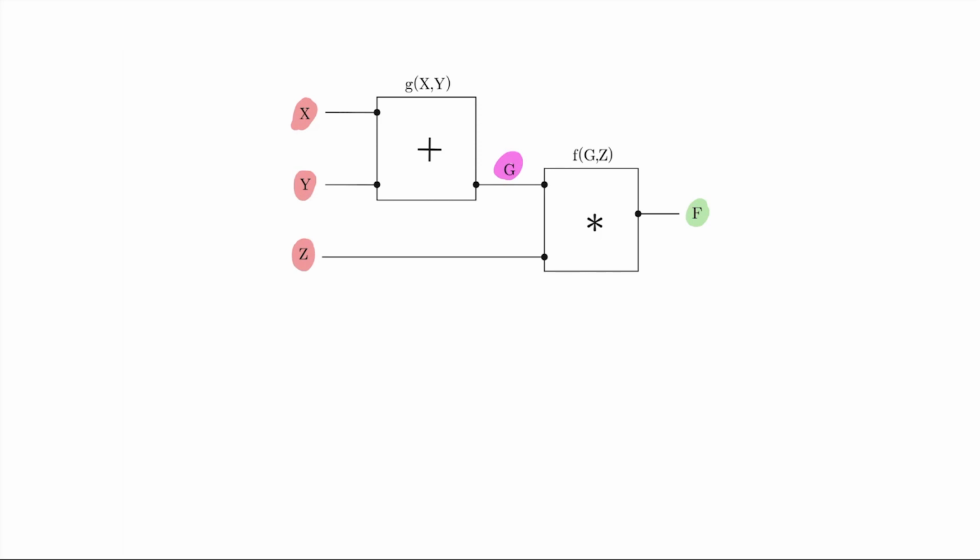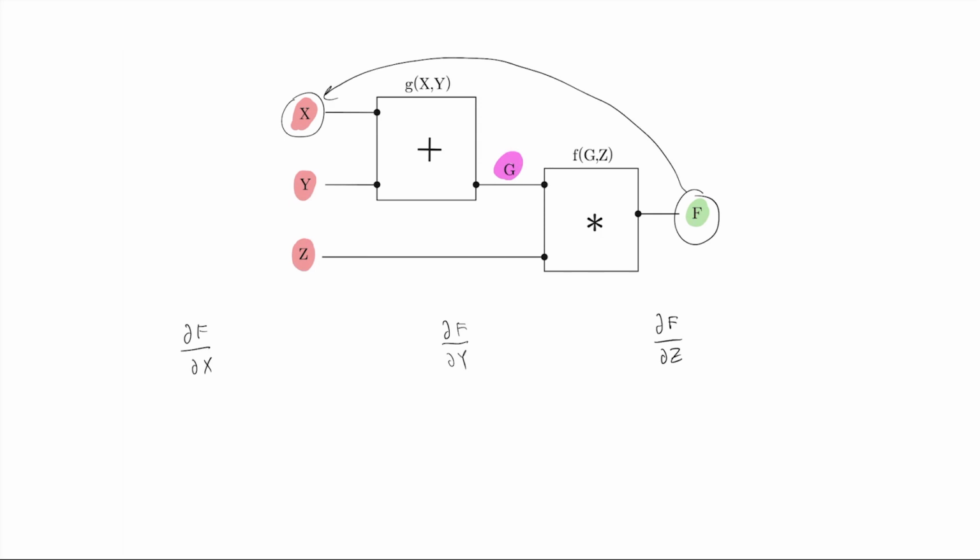So what do we need to find? We need to find three partial derivatives. The first one is delta f over delta x, the second one is delta f over delta y, and the third one is delta f over delta z. So how do we start thinking about this? We need to have delta f over delta x.